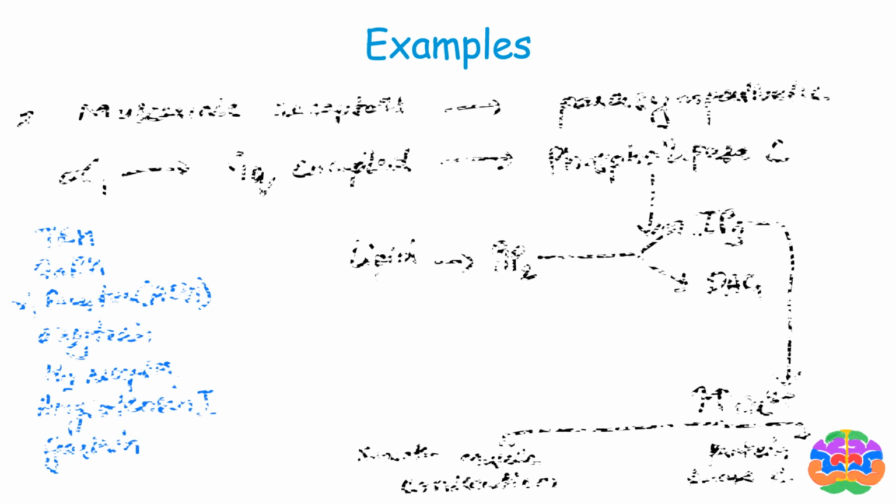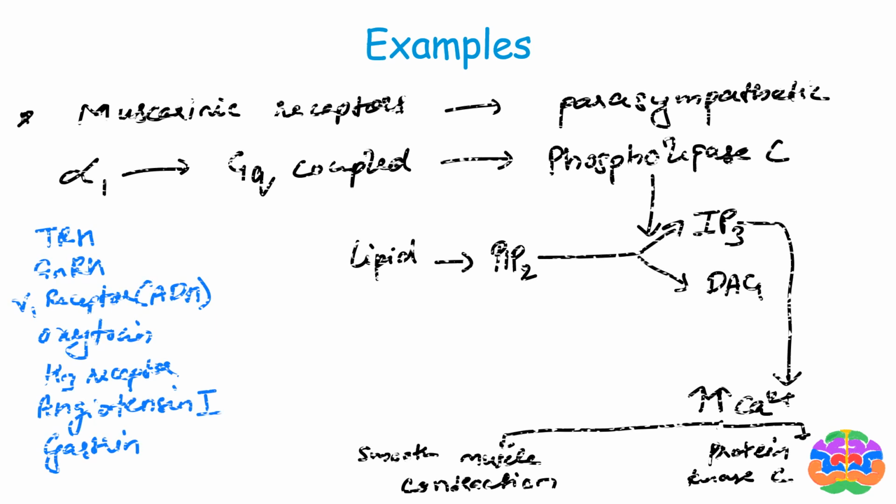For example, let's talk about muscarinic receptors, which are parasympathetic receptors. They are activated by GQ coupled effector molecules. It proceeds by activating phospholipase C, which splits PIP2, which is phosphatidylinositol 4,5-bisphosphate, a signaling lipid that is involved in many cellular processes.